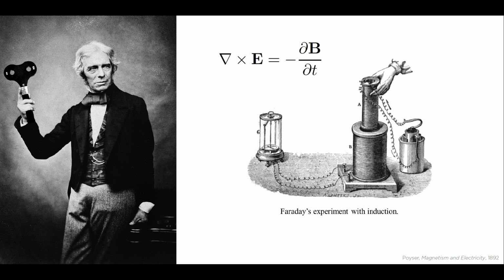This is an illustration of an early Faraday experiment. So he would use a canister to induce electricity in a spool of wire labeled A. So you can think of this canister as a TMS stimulator, and the winding A is the TMS coil.